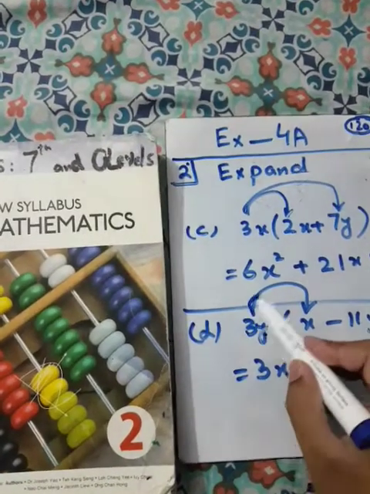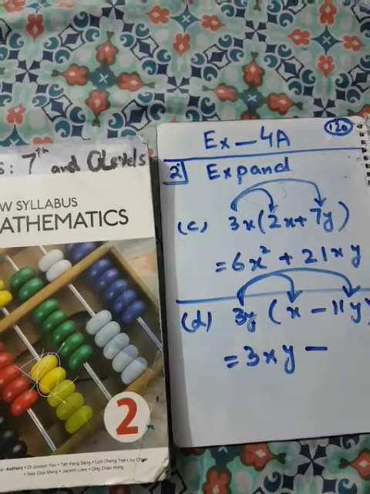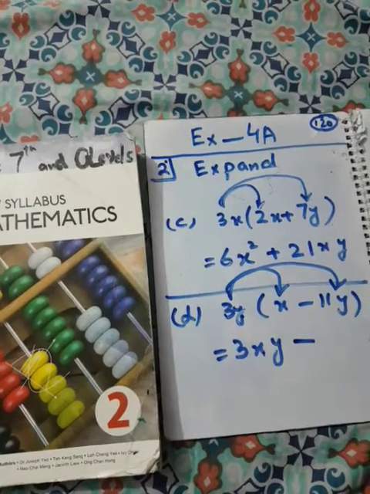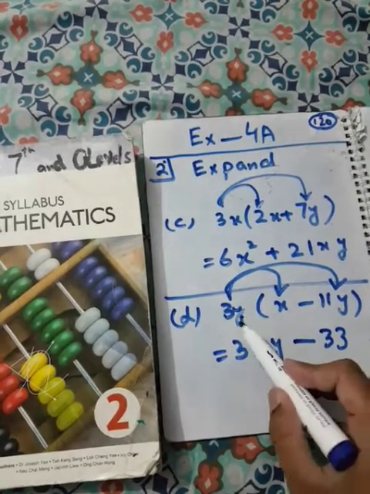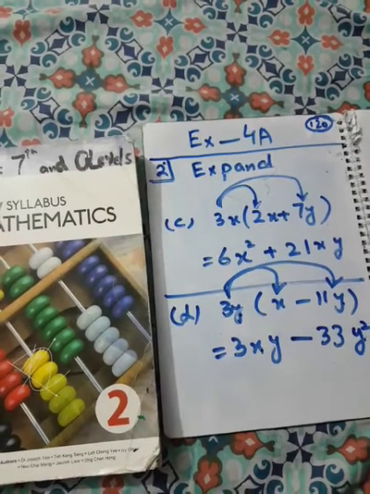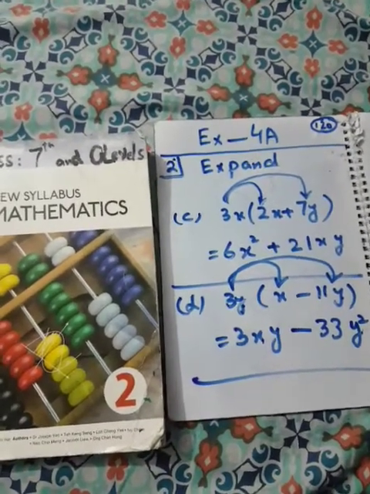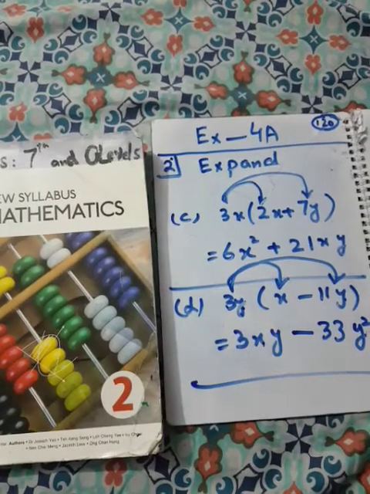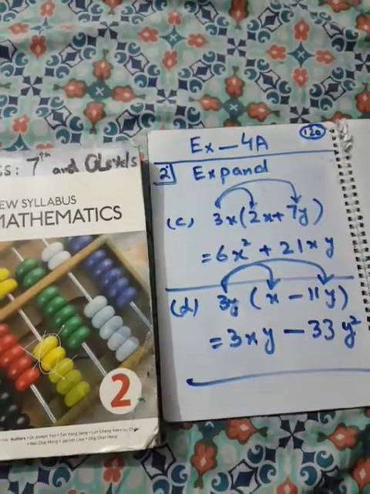Minus sign as it is, and 3y will also be multiplied with the 11y. 3 multiplied with 11 will be 33 and y multiplied with y will be y square. The question has been finished. Now if you want to make a note of it, you can. I'm going to remove this page and do the further parts.